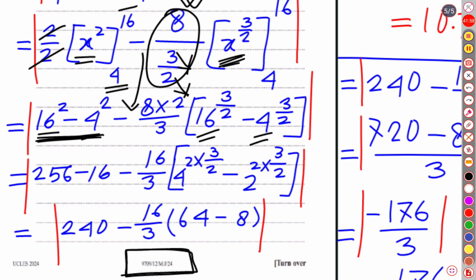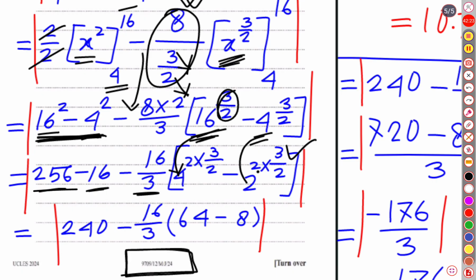So 16 squared means 256, and 4 squared means 16. We have written here 16 over 3. Then this 16 can be written as 4 squared, with the exponent unchanged. And 4 can be written as 2 squared, with this exponent as it was.